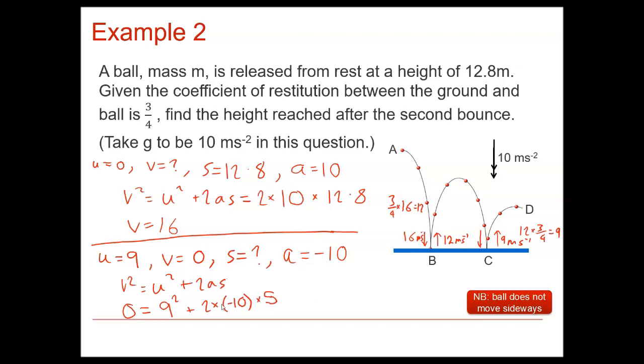If I rearrange that, I've got -20s. Take that over, I'll have 20s equals 81. So s is 81 over 20, which to a fairly good approximation is 4 meters.